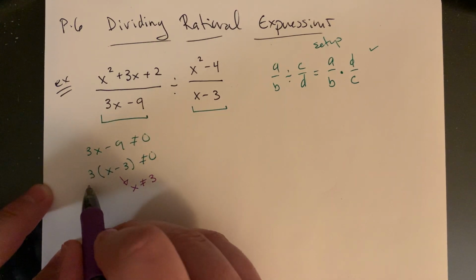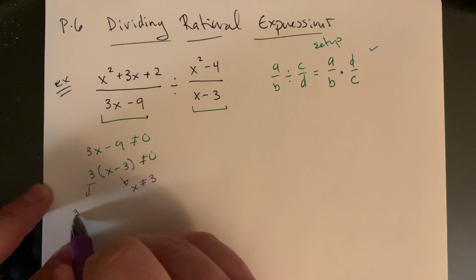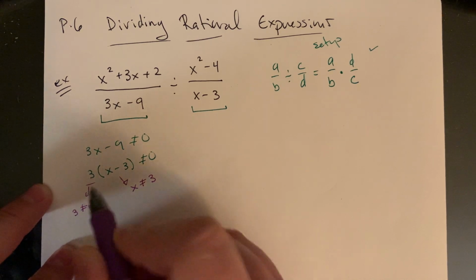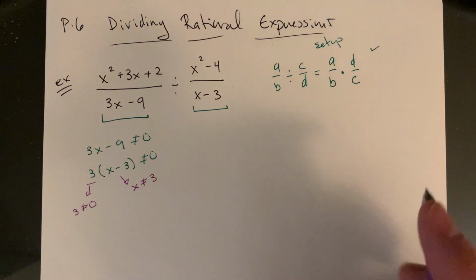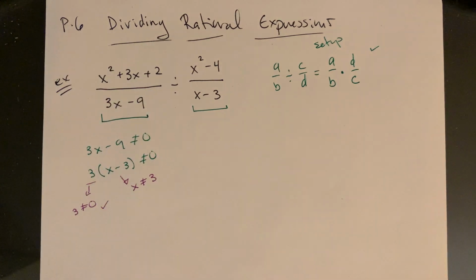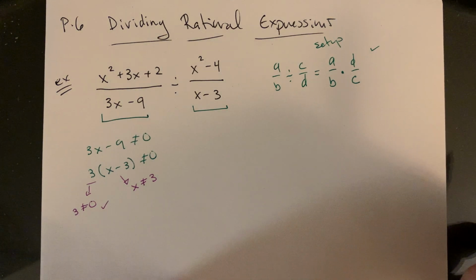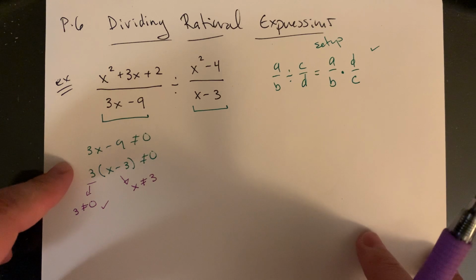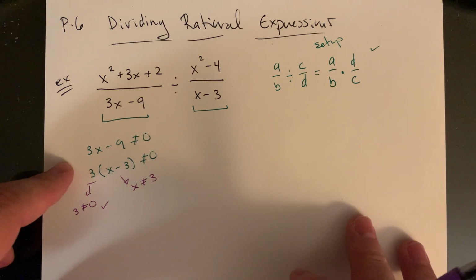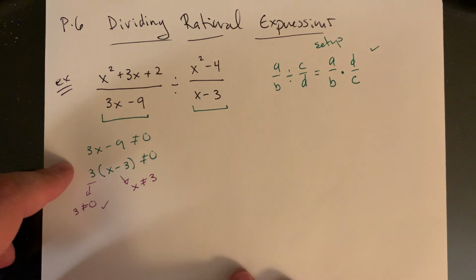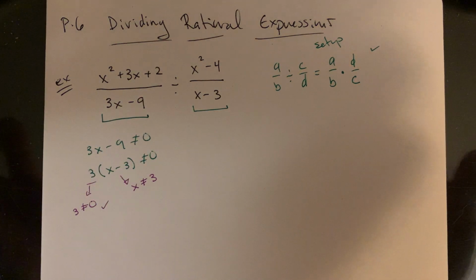You might say, well, what about the 3 in front here? The restriction is that 3 is not allowed to be 0, and I would say, okay, sounds good. 3 is not 0. That's always true. Restrictions, by definition, are based on x values. So if you just have a constant 3 or any other constant in front of your polynomial, you're not going to get any restrictions from it, because a constant is never going to become a 0 for no reason.